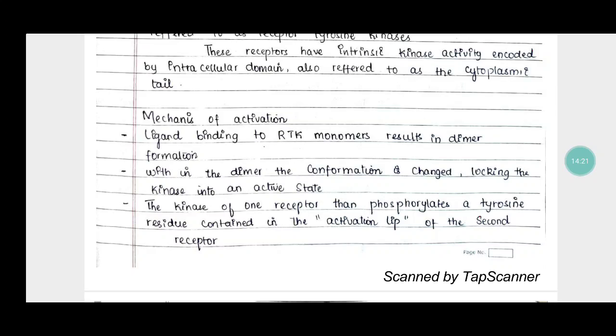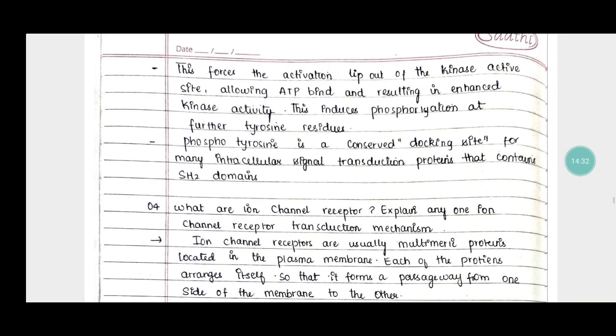The kinase of one receptor then phosphorylates a tyrosine residue contained in the activation loop of the second receptor, and this forces the activation loop out of the kinase active site, allowing ATP to bind and resulting in enhanced kinase activity, which induces phosphorylation of further tyrosine residues. Phosphotyrosine is a conserved docking site for many intracellular signaling and transduction proteins that contain SH2 domains.